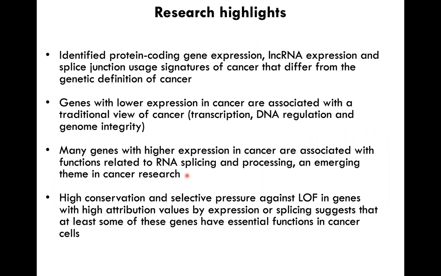On the other hand, we found that genes with higher expression in cancer are associated with functions related to RNA splicing and processing, which is an emerging theme in cancer research. And finally, the fact that we observe a high conservation and selective pressure against loss of function in genes with high attribution values by expression or splicing suggests that at least some of these genes that we identified have essential functions in cancer cells.